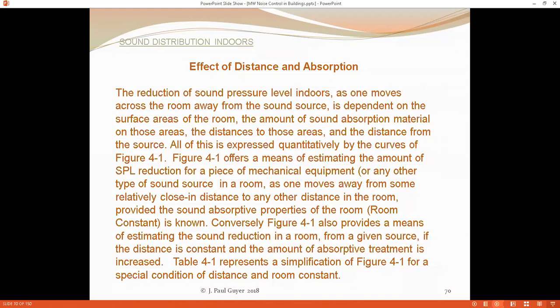But in building design, within a building, the distances are typically small, and so there's not much sound reduction due to distance, so you don't bother taking it into account. And any reduction that you do get due to the distance effect, you just accept it as a plus, a safety factor, if you will.